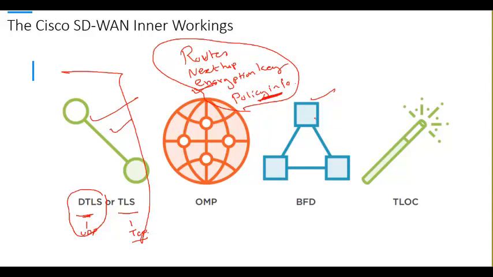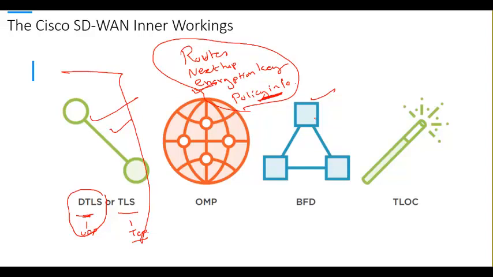They send hello packets or echo packets that help to learn the liveliness. By default, this BFD is enabled, which is going to measure the loss, latency, jitter characteristics of a data plane tunnel, the IPsec tunnel.